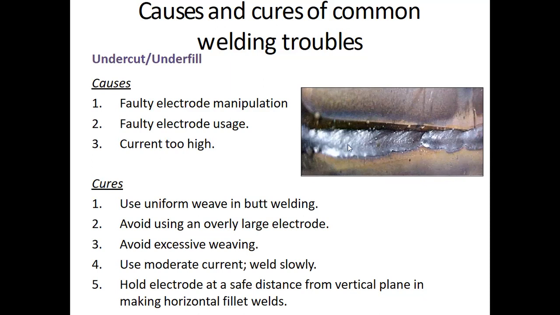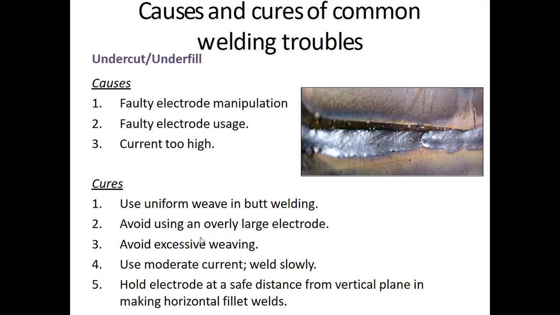The heat that you are generating is not able to focus, because you are trying to move it more and more, and therefore it is not able to generate the heat properly. Use moderate current or weld slowly. This is another way to do it. Current could be kept moderate, and if you do the weld slowly, then this will fill up.